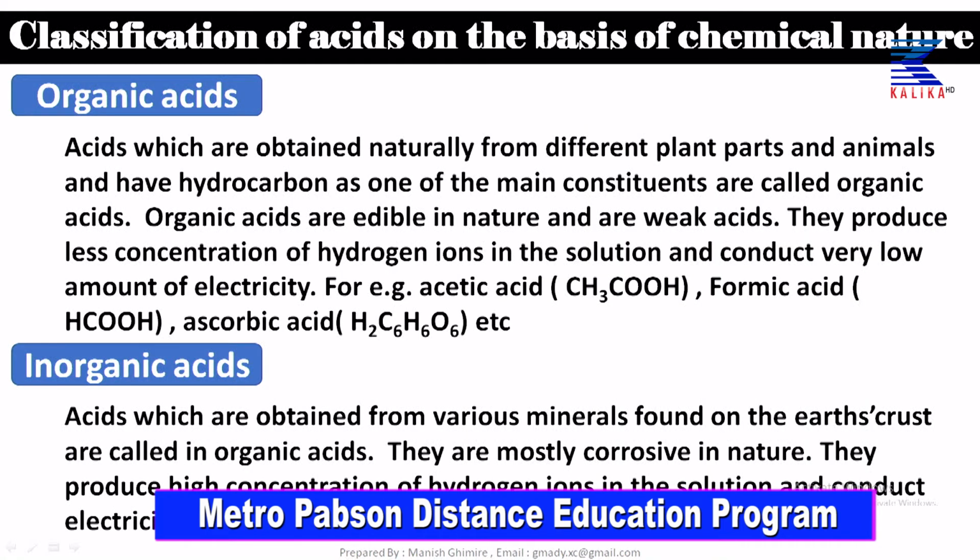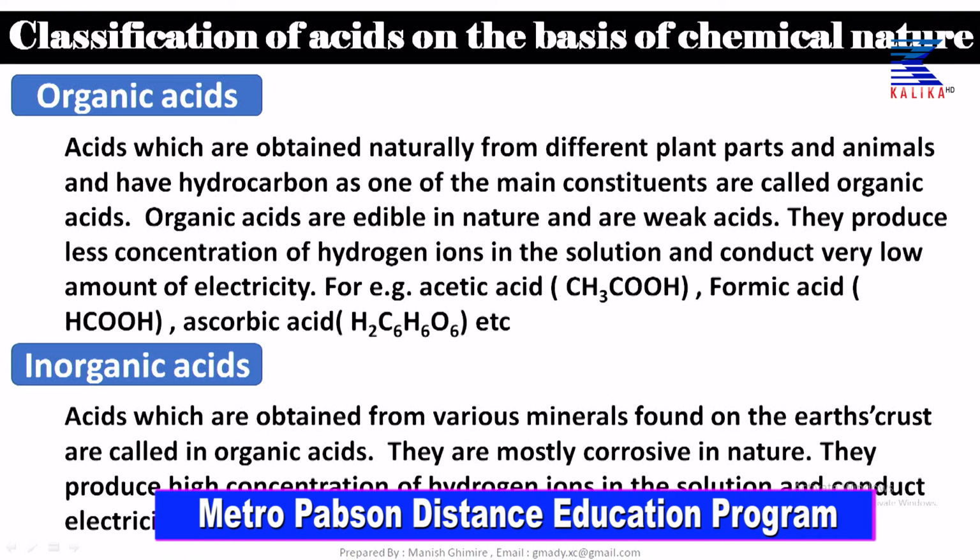See the screen once. There are two types of acids, and this time acids are classified on the basis of where they are obtained and how they are made. Anyway, their main basis is that they are strong and they are weak.